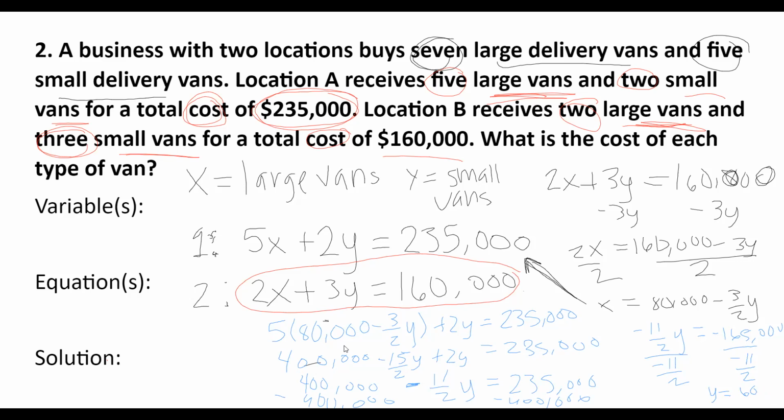I'm sorry, y'all. Usually I don't have phones in class, but I'm in my house. That's going to equal 30,000. So now we have what y equals all the way down here. y equals 30,000.